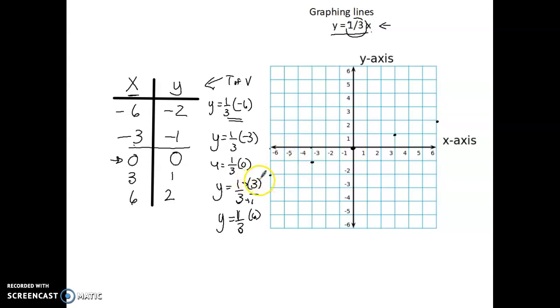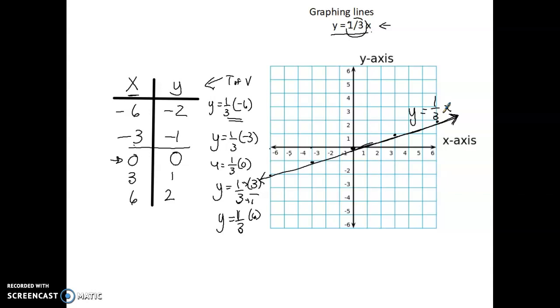Now let's see if I can draw a line. Connect the dots, make big arrows, because that's what a line does. It continues on forever and ever. There you go. There's my line. This is my line, y equals 1/3 of x.